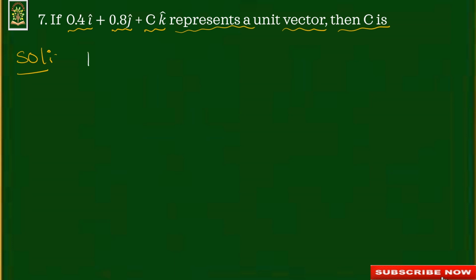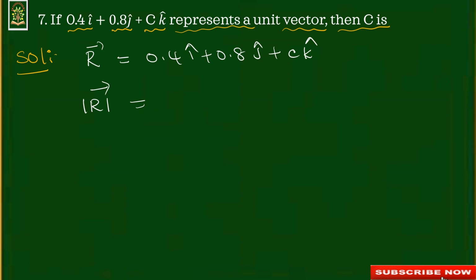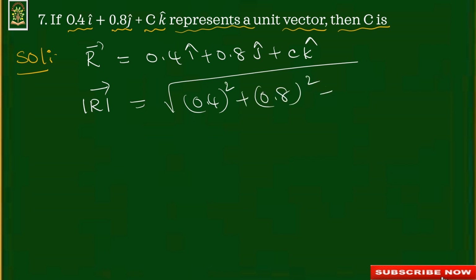Now, R bar is equal to 0.4 i cap plus 0.8 j cap plus c k cap. For the magnitude, we are taking the modulus of R bar. That is equal to the i component 0.4 whole square plus the j component 0.8 whole square plus c square. Here they given it represents a unit vector.